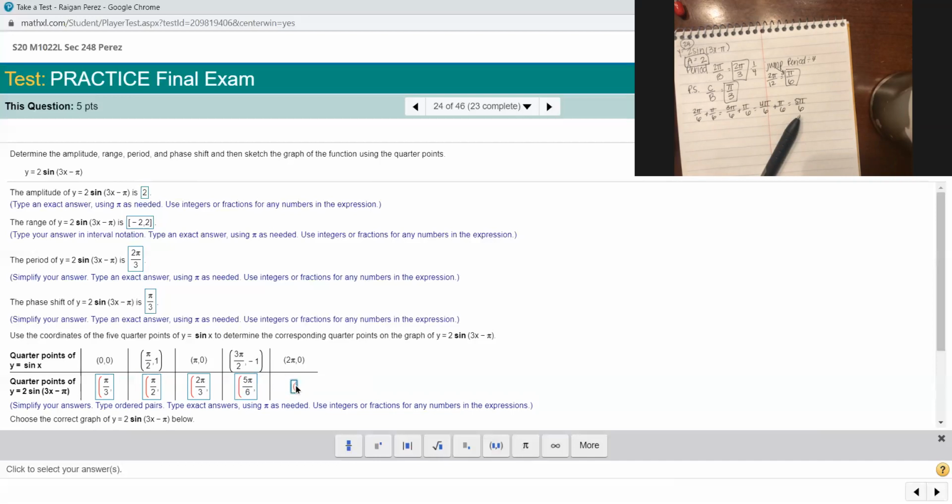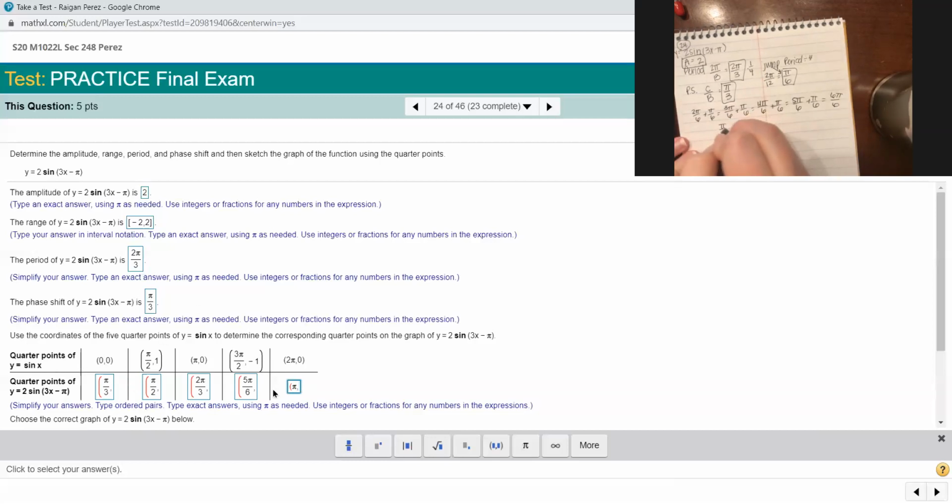And then finally, one more 6 would be 6 pi over 6, which is the same thing as just pi. Right here we have. And then you can double check, because your first one plus your period should equal the last one. So pi over 3 plus 2 pi over 3 equals 3 pi over 3, which is pi. So we know those are right.